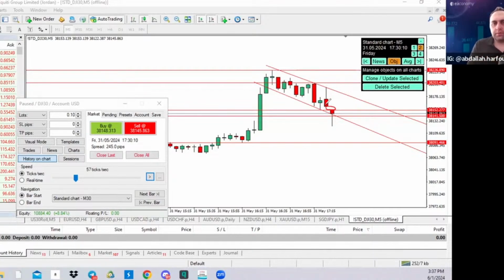We didn't go through this price; it directly made the gap. So now it made the gap and went down, which means that 95% of the time it should move up again and close this gap, go through this gap, and this is where you can trade.